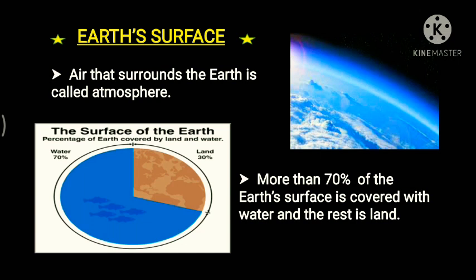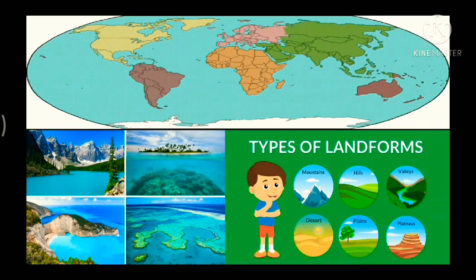More than 70% of the Earth's surface is covered with water, and the rest is land. The large land masses are called continents, whereas the large water bodies are called oceans.